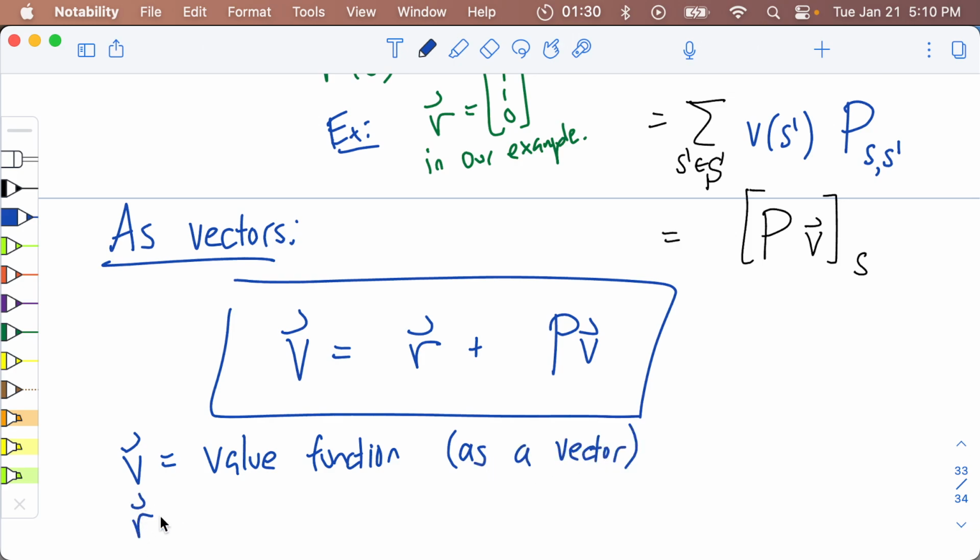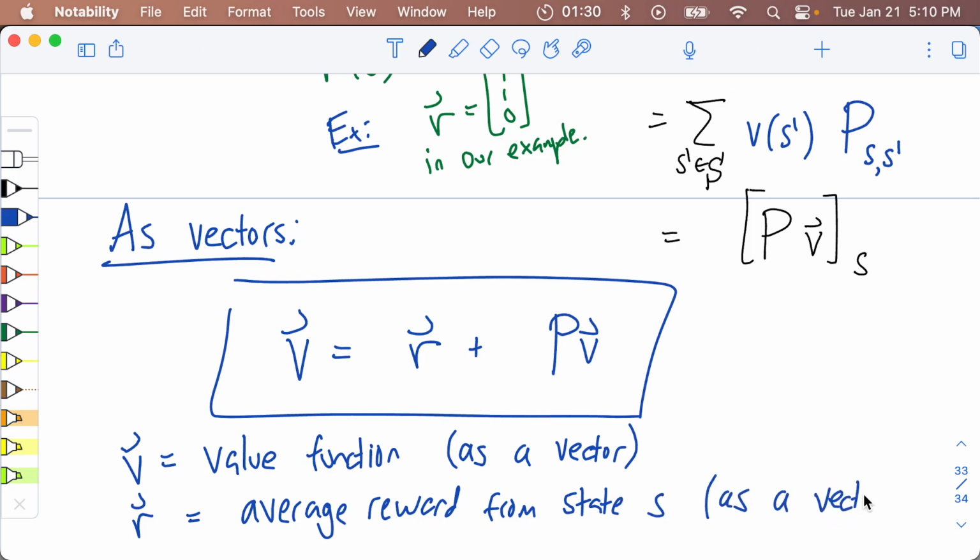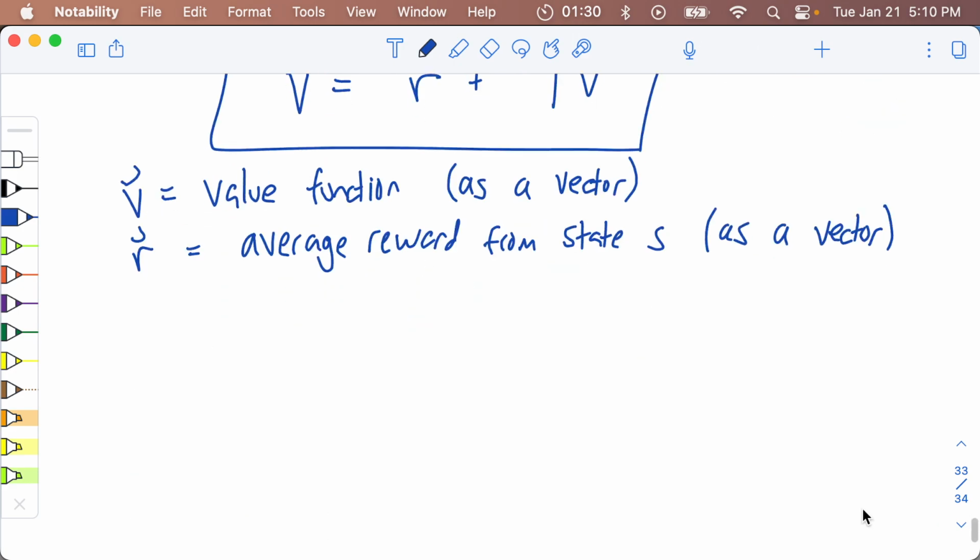R is the average reward from state S as a vector. And P is the transition matrix.